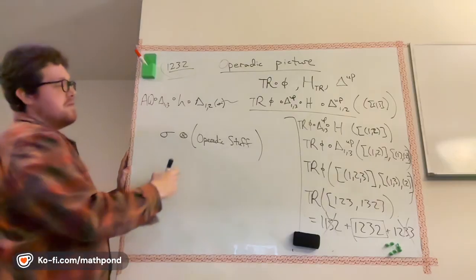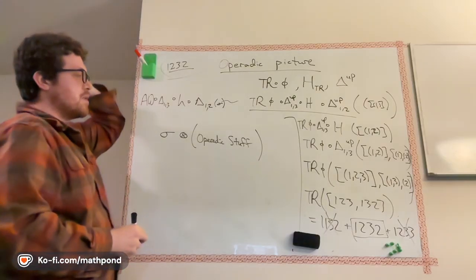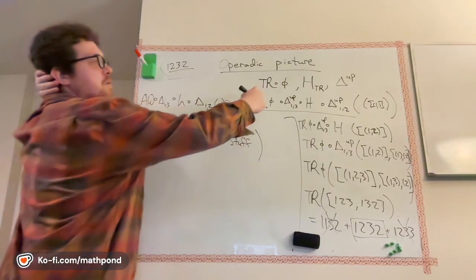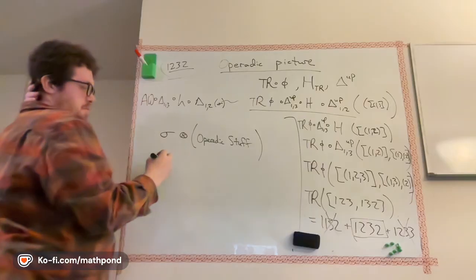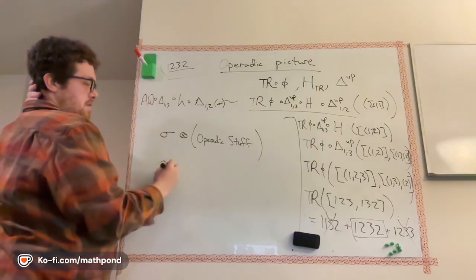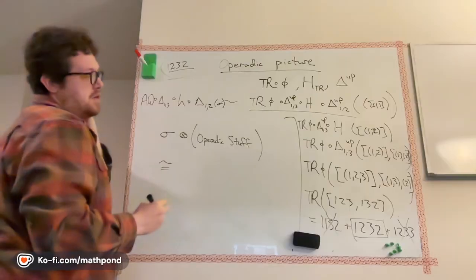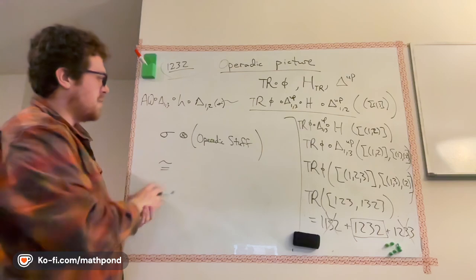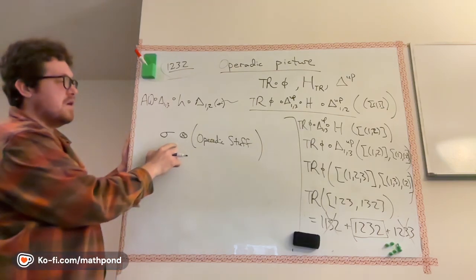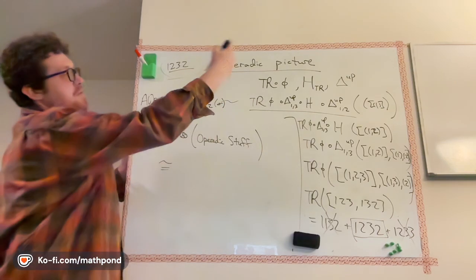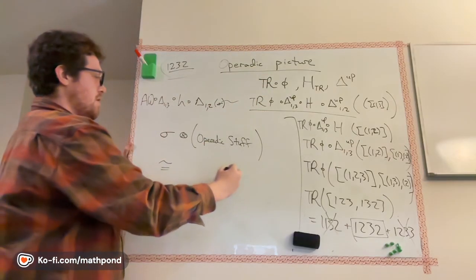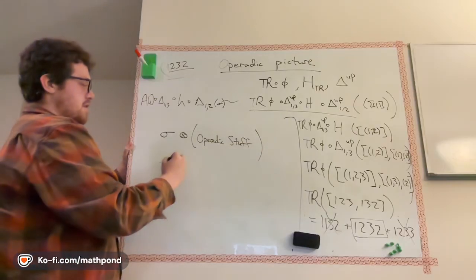And I believe if you do these maps, there should be some isomorphism of simplicial sets between these simplices and the simplices that you get from the original picture, which are just the delta, the non-operadic stuff.